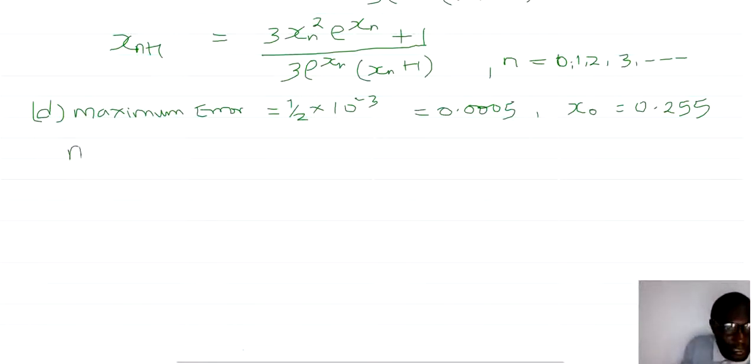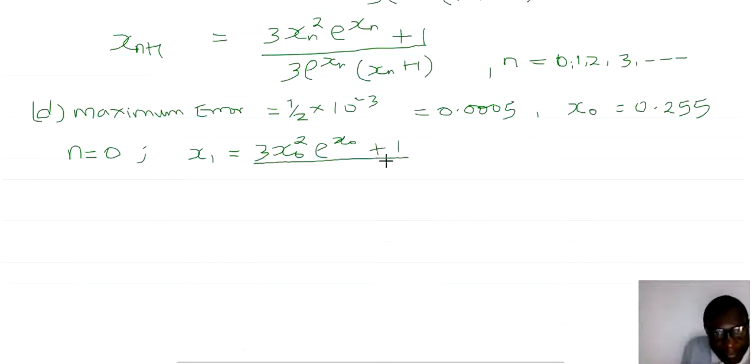So we shall start with n equal to 0 here. Putting n equal to 0, we shall remain with x1 being equal to 3 x naught squared exponential x naught plus 1 divided by 3 exponential x naught into bracket x naught plus 1.